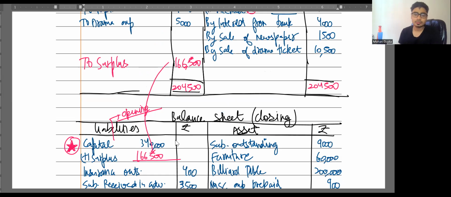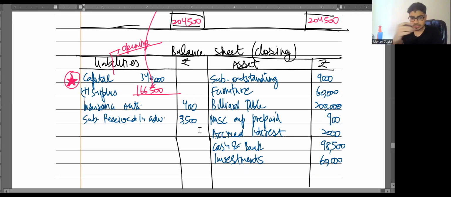Oh, okay. Now we just have to match the assets and liabilities. Tell me again, how do you find surplus? It's what we did in the income and expenditure account. Right. Tell me the total of capital.